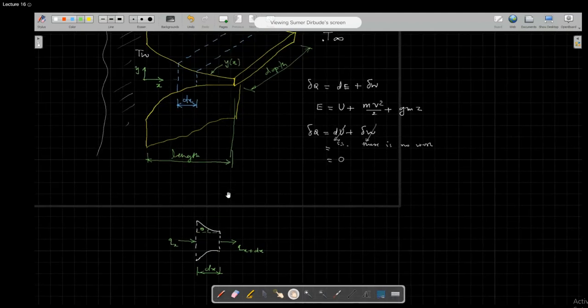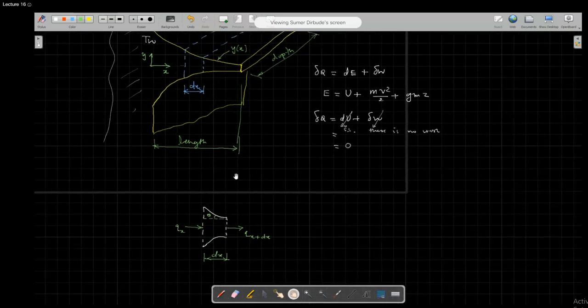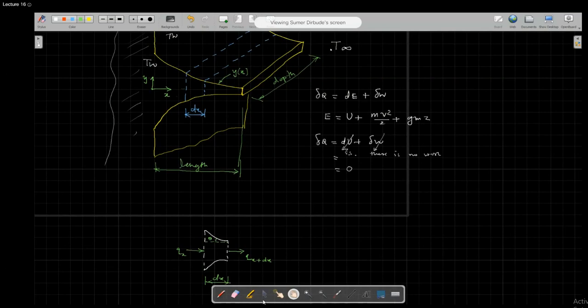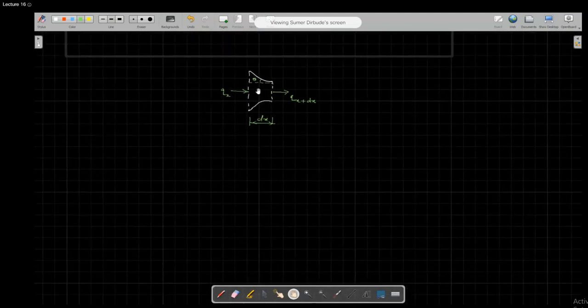There is no scope for heat to transfer by conduction, I mean, scope in the sense it is negligible, because of the small distance in the y direction. And in this case, we are considering depth equal to 1 unit depth. So since in the y direction there is no heat transfer, only in the x direction there is heat transfer, this problem is a 1D problem.